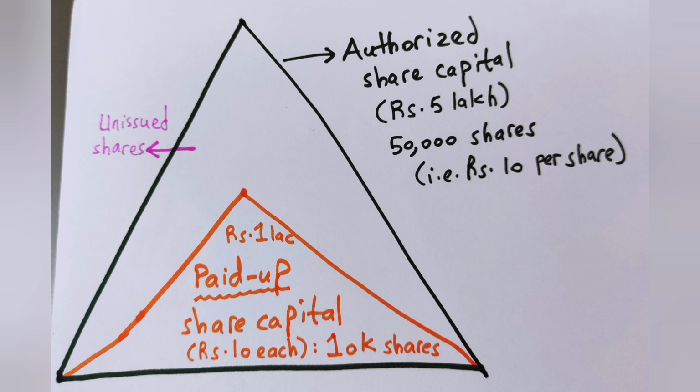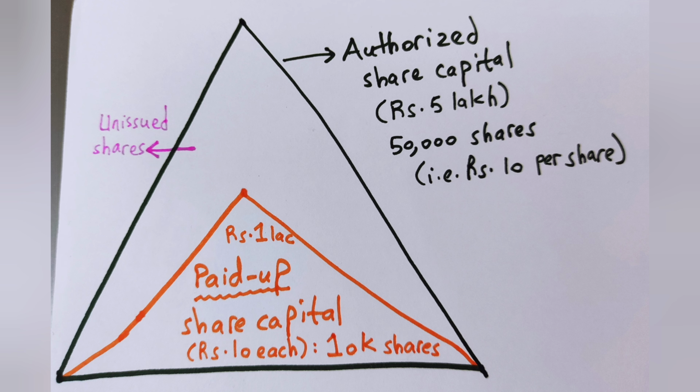Because like I said, the limit is that your authorized share capital represents the maximum amount of shares that your company can issue, right? So the question arises that, for instance, at the moment you have 50,000 shares as authorized share capital, and you have 10,000 shares as paid up share capital.